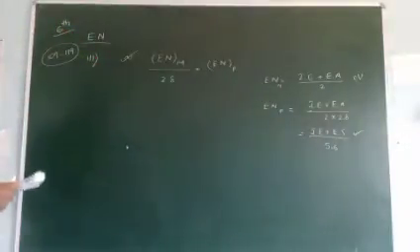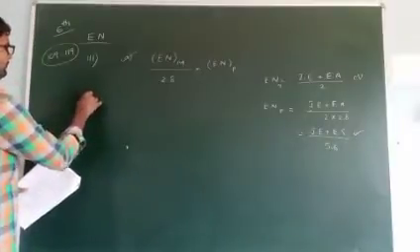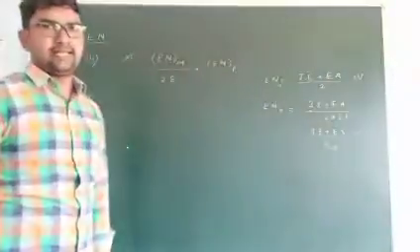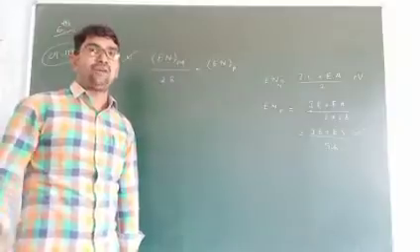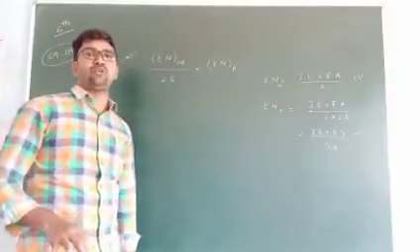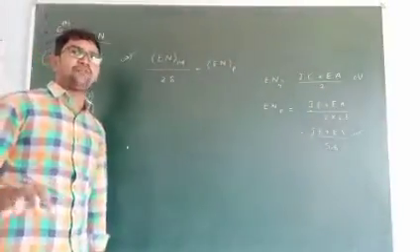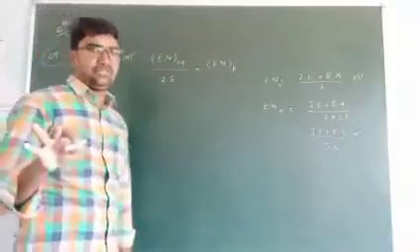Next one, 112. The electronegativity value of neon is? Sir, what is neon, sir? Neon is a noble gas. For noble gases, not only neon but all elements in the noble gas group, the 8th group elements, are not involved in bonding. That's why there is no reactivity.